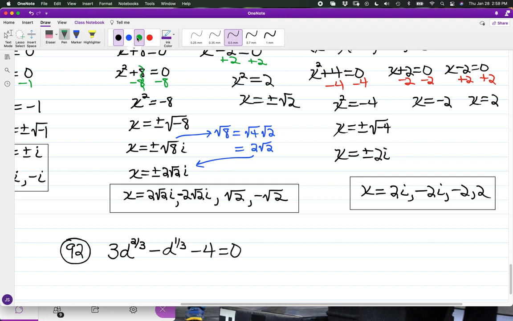If you notice, you have a 2-to-1 ratio between D to the 2/3 and D to the 1/3, so this equation is quadratic in D to the 1/3.